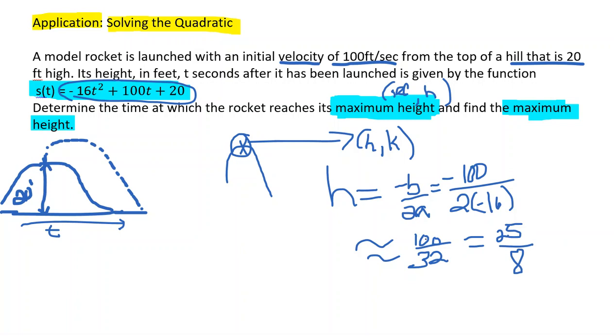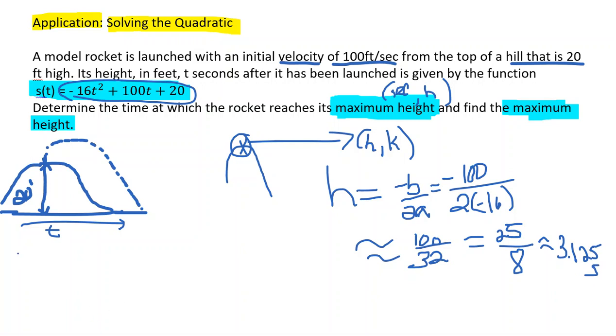Because this reduces by 4, right? 4 goes into 100 25 times, 4 goes into 32 8 times. But let's go ahead and round this. We get a decimal of 3.125, and I didn't have to round this. It actually went all the way out to that. So this is going to tell me how many seconds it took to reach that maximum height.